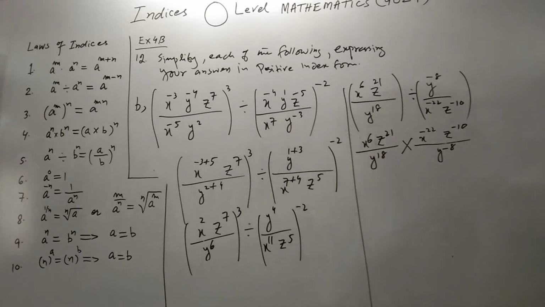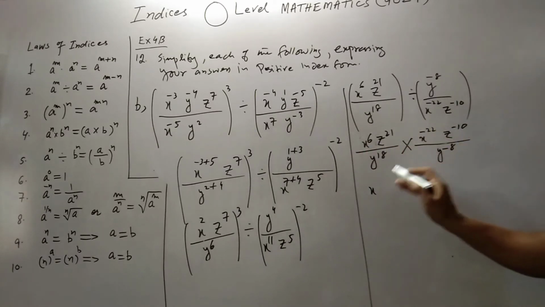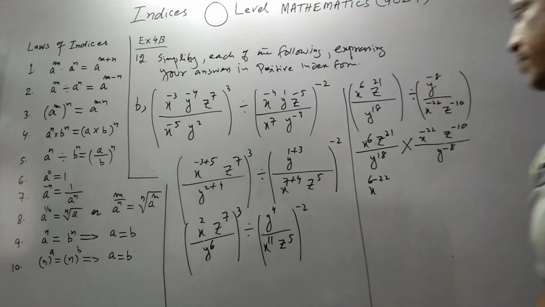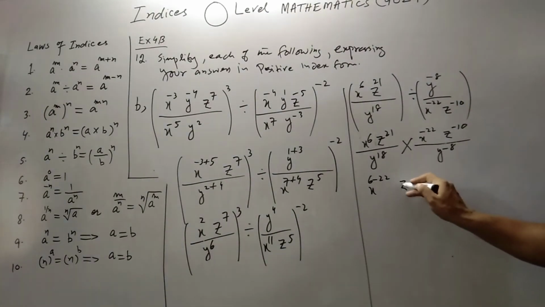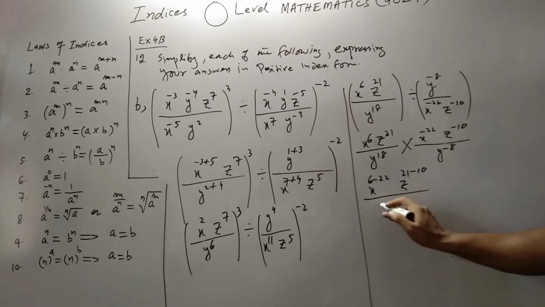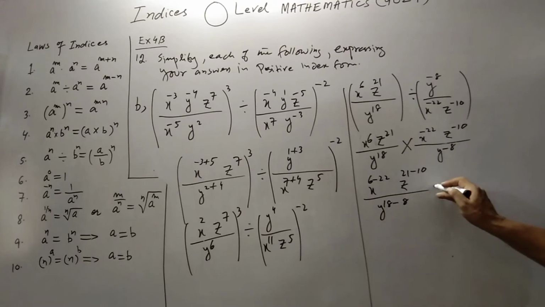Now this is x6 and this is x minus 22. So it becomes 6 minus 22. Which law do we apply? Law number 1. This is z21, this is z minus 10. This is y18, this is y minus 8.